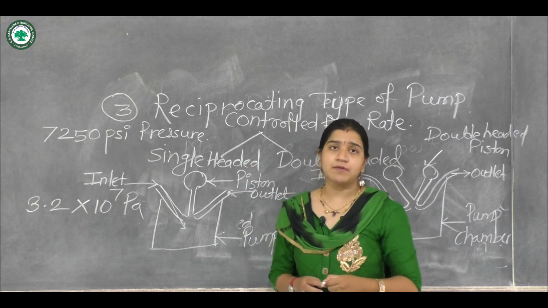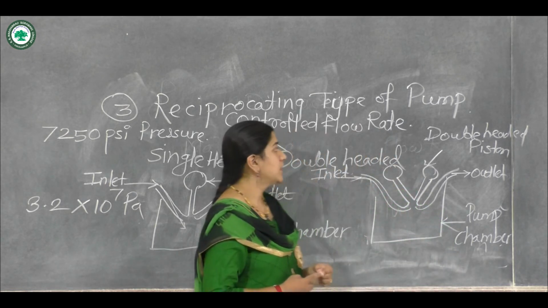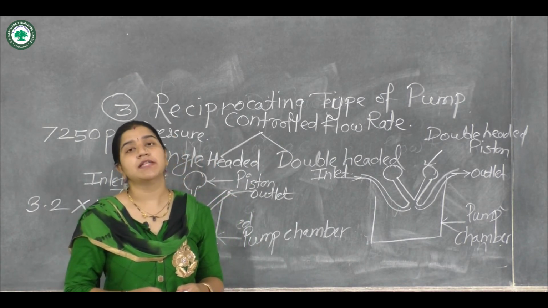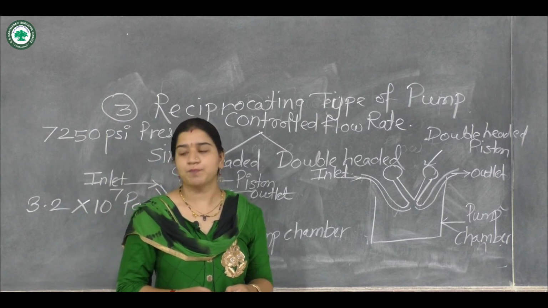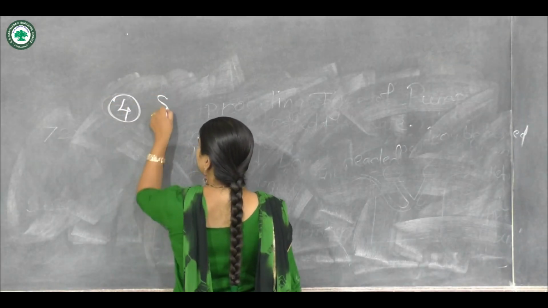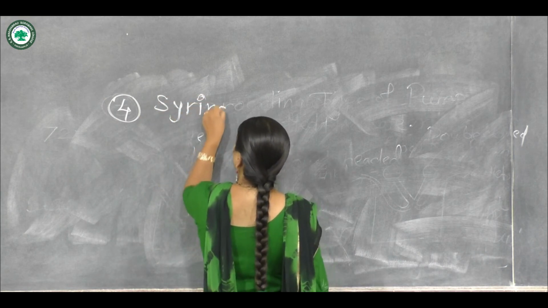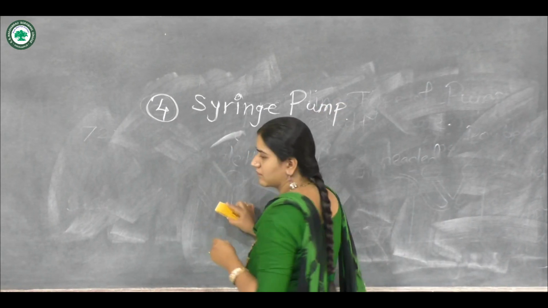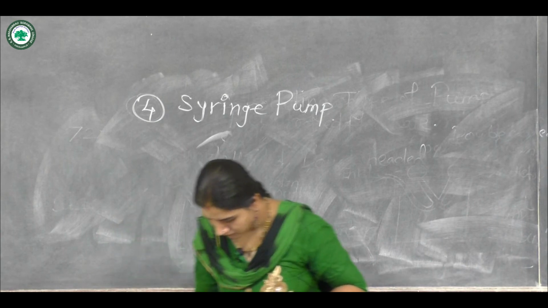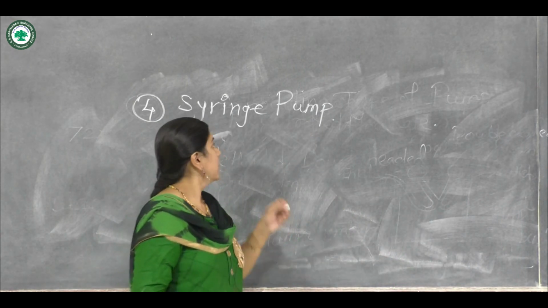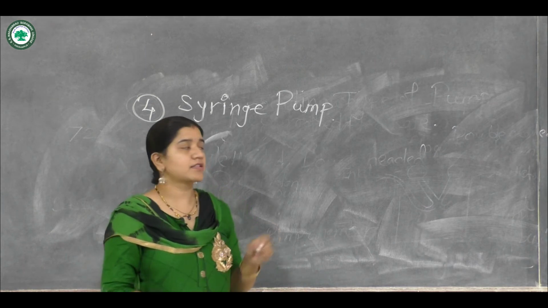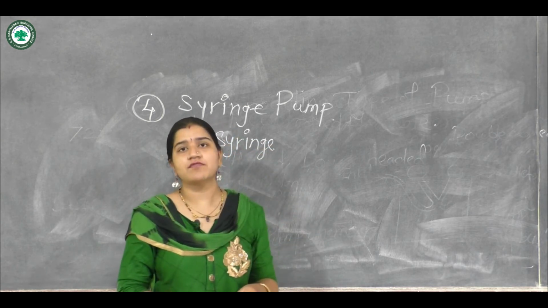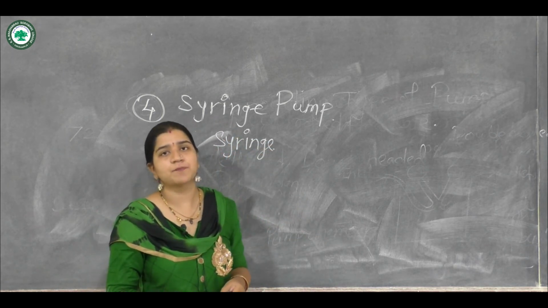In the reciprocating type of pump, the single-headed piston pump and the double-headed piston pump are the two types. Now the fourth type of pump that we are going to study is the syringe pump. As the name indicates, here you are using a syringe for the injection of the solvent inside the HPLC column.